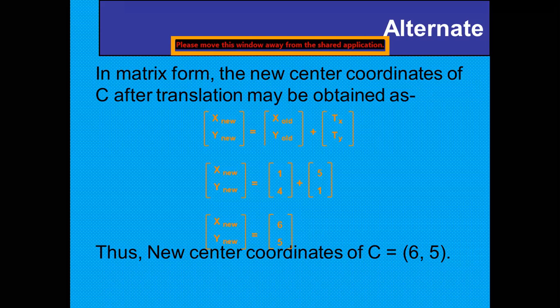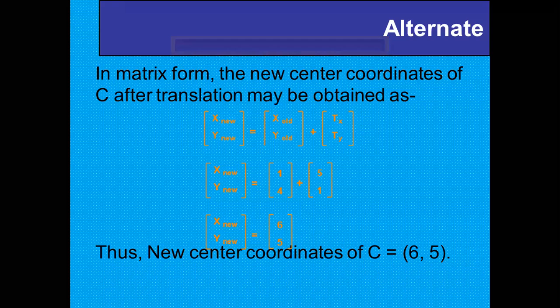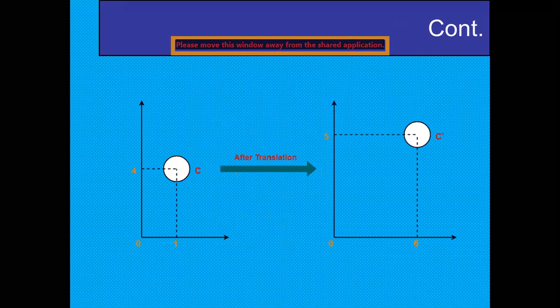So in case of 2D, we use only one, about the origin, and in case of 3D, we do three matrix formulations. Now we can easily calculate the equations or do it with the help of the matrix.